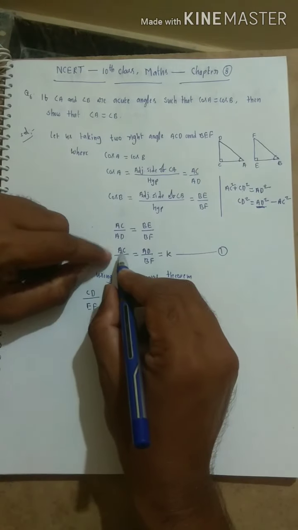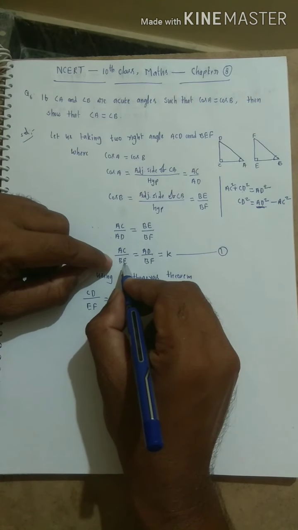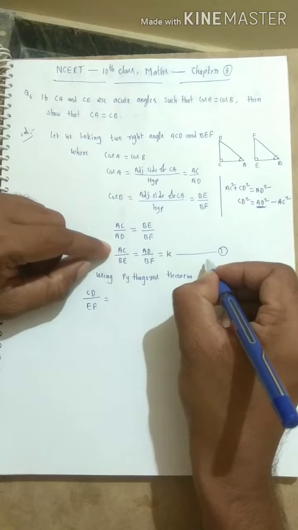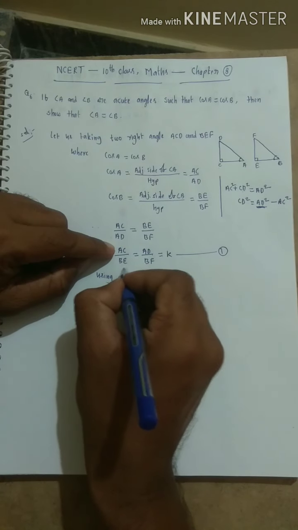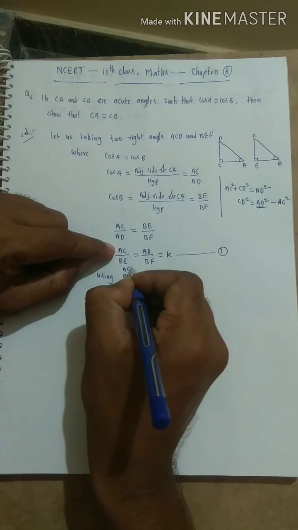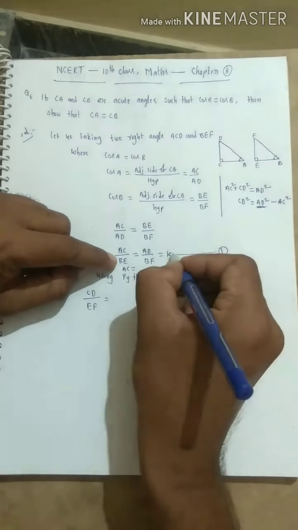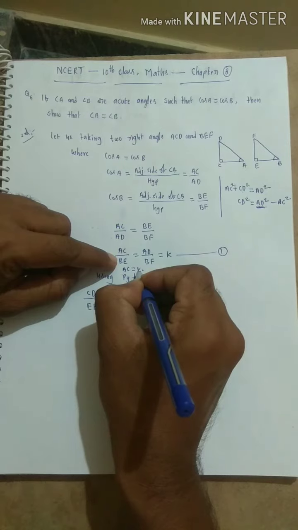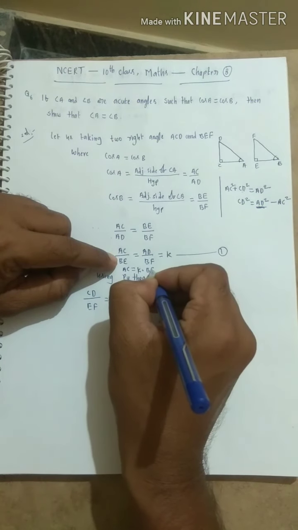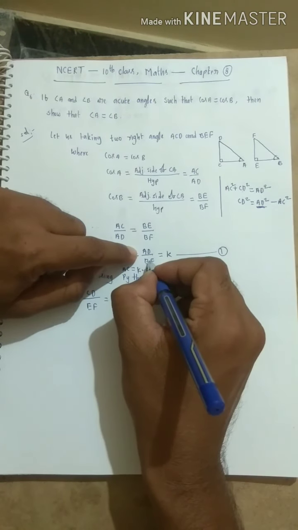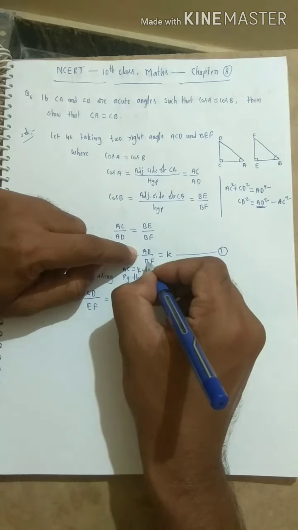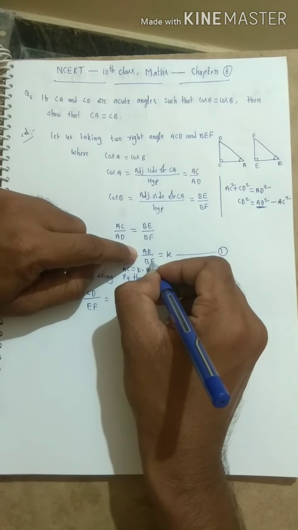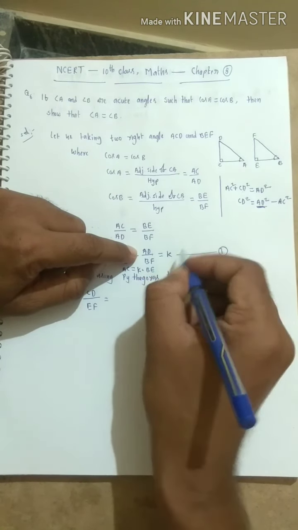First one, AC upon BE is equal to K. AC is equal to K into BE. Here BF is a divisor, so it comes to this side as multiplication.